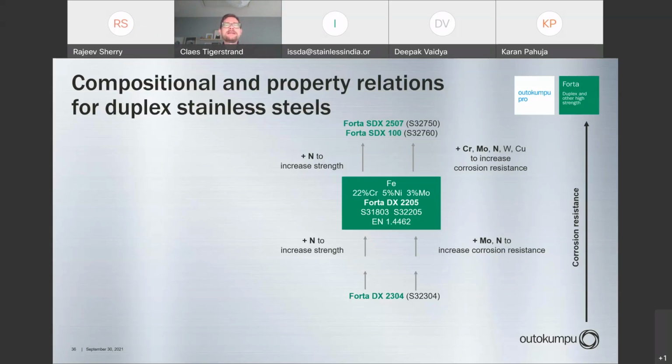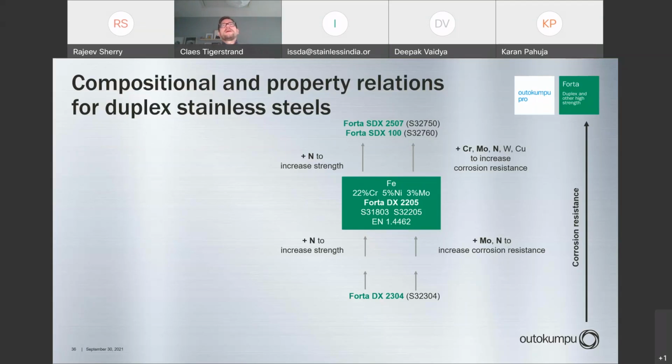And in the American standards ASTM and ASME, you have two different numbers. It's the S31803, and then you have S32205. The S32205 is more restricted into a higher alloying composition, with a higher nitrogen content and better corrosion resistance and mechanical strength than the counterpart to the left there.